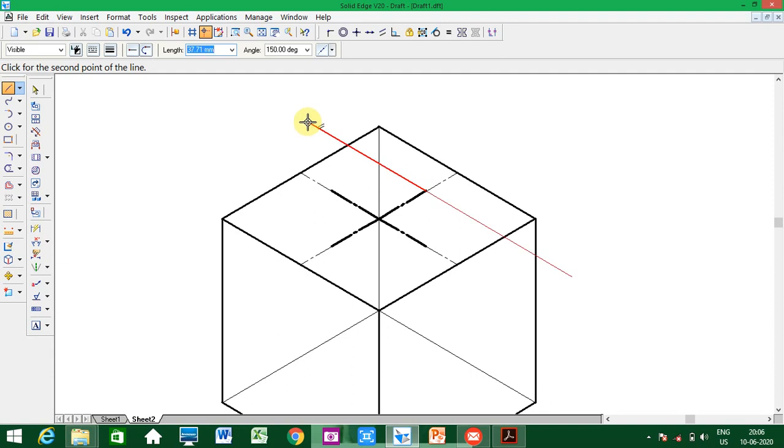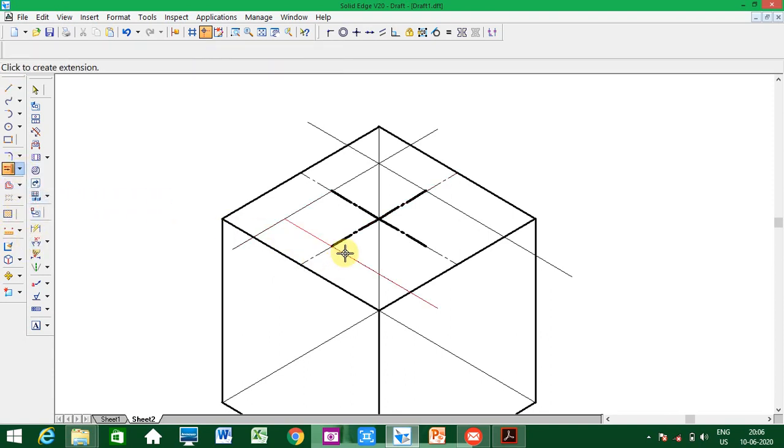Parallel lines. Parallel lines. Parallel lines. Correct? Manually this is very easy. Remember, it's manually very easy. Okay, they're all parallel lines.